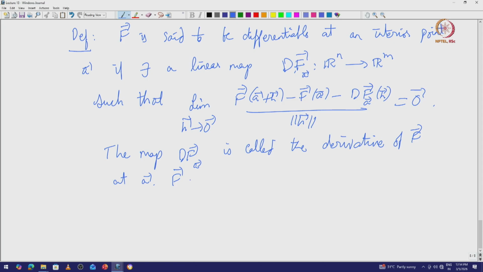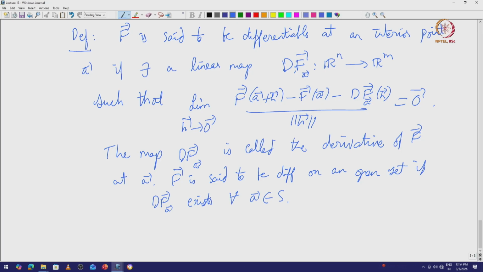f is said to be differentiable on an open set S, if df exists for all a in S. Okay. So this is the definition of differentiability, right?